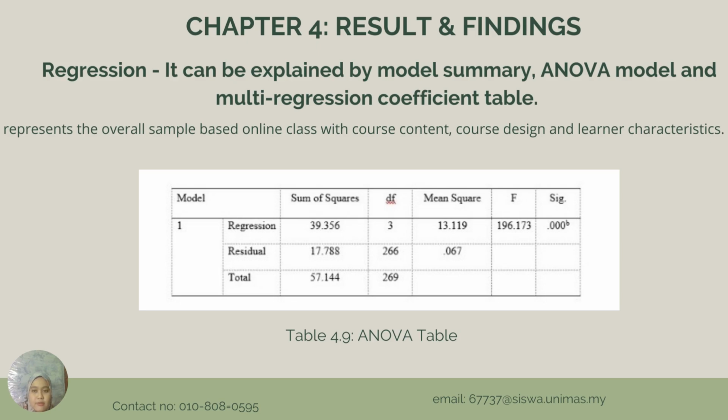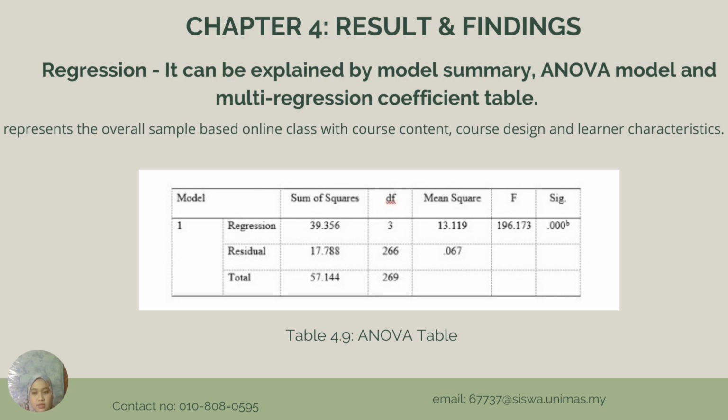According to Table 4.9, the ANOVA table, F(3, 266) is 196.173, P is 0 for the overall regression relationship for course content, course design, and learner characteristic, P is lower than 0.05.